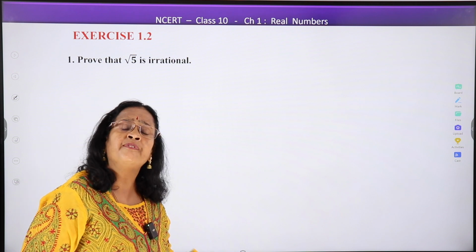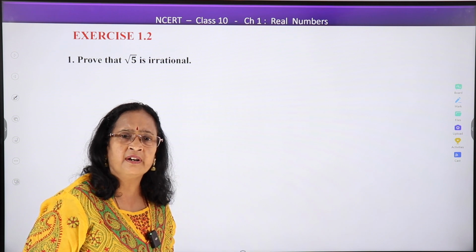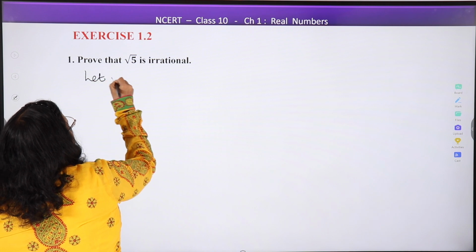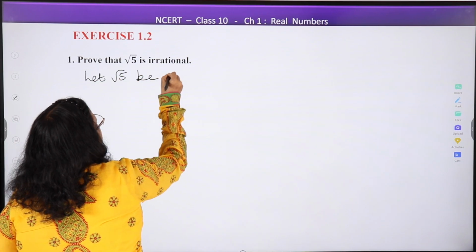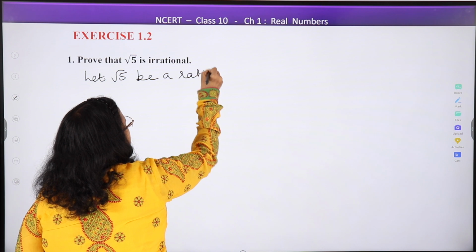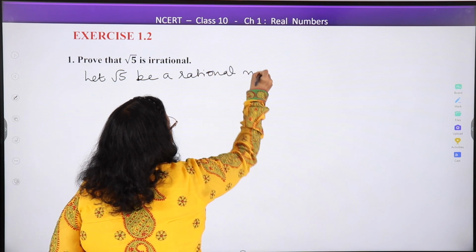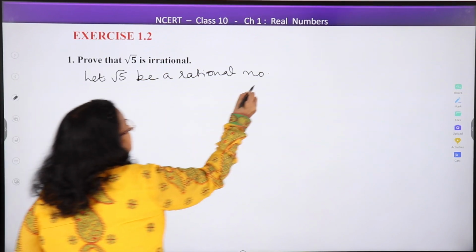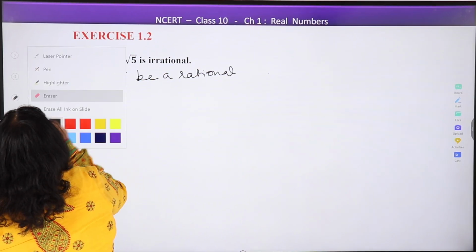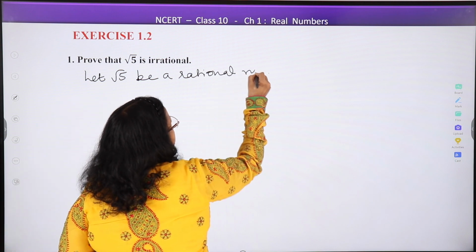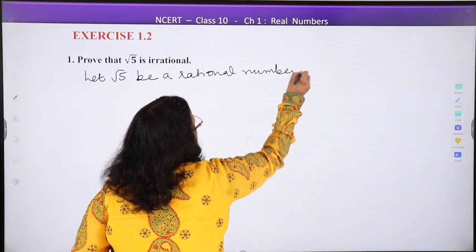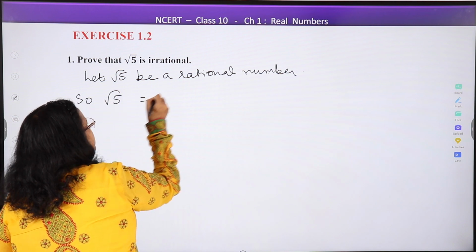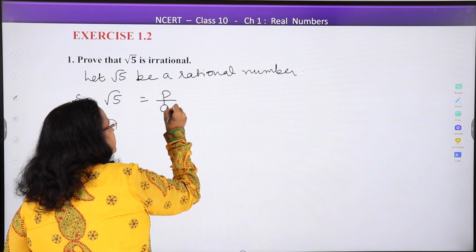What is the first sentence we will write, children? Correct. Let root 5 be a rational number. Let me write it in full form, children. Otherwise, you will also write the same. So, root 5 is equal to p by q.